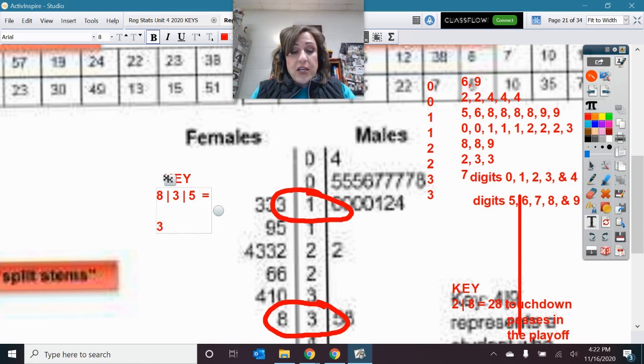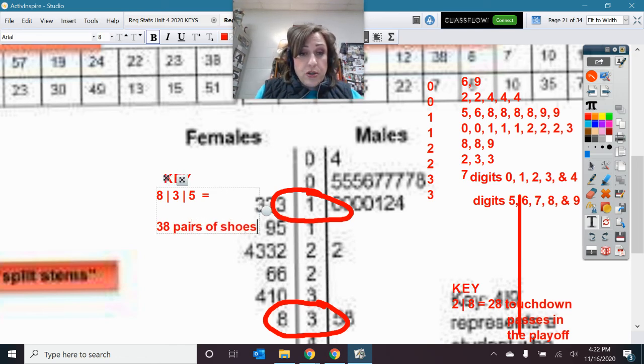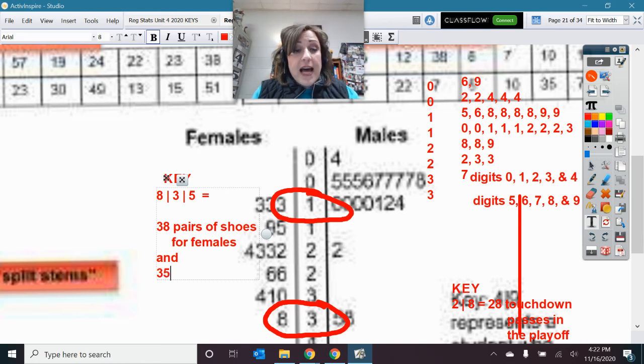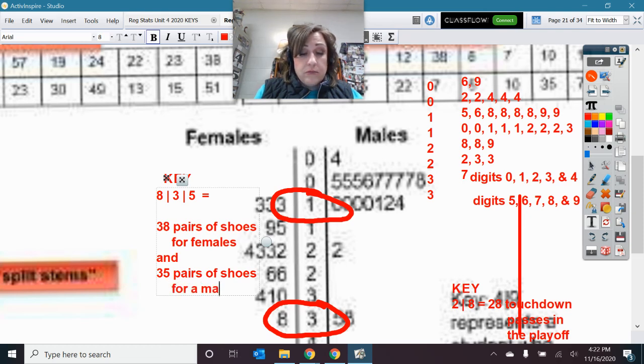I'm going to say 38 pairs of shoes for the females and 35 pairs of shoes for a male. Okay, so did you see how I defined both of those? I did a leaf on the left, the stem, and a leaf on the right, and I defined them both.